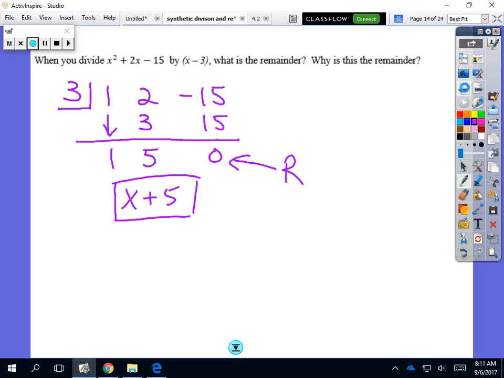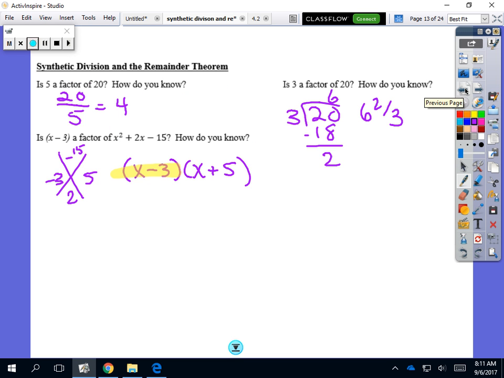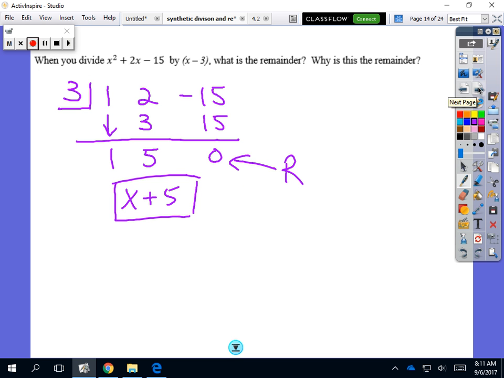So if we go back to what we were talking about when we were dividing 20 by 5 and we get 4 with a remainder of 0, well, if the remainder is 0, then I know that 4 is a factor, because if the remainder is not 0, we know that 3 is not a factor. It works the same way with polynomials. If there's no remainder, then that binomial that you divided by is a factor of the polynomial.